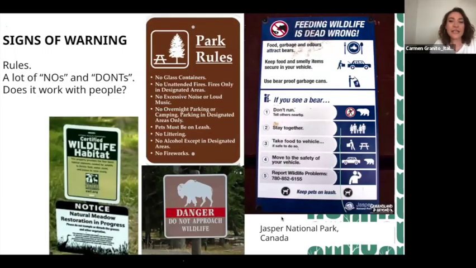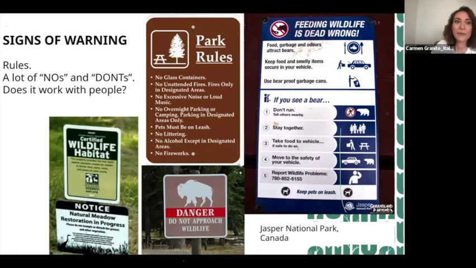Now, other interesting panels are signs of warning, which are obviously quite important in heritage sites, but especially if you work in a protected area. These are signs that have a lot of don'ts, of course, because it's about what is forbidden, what you can't do there.